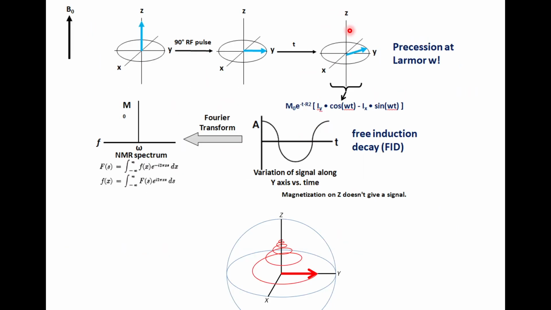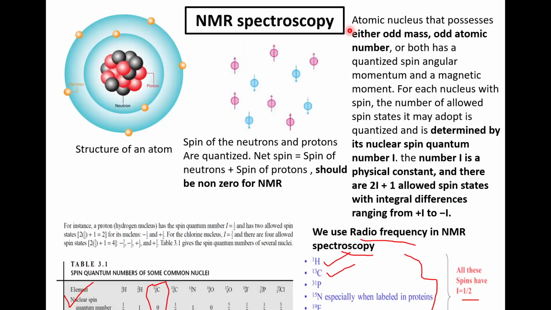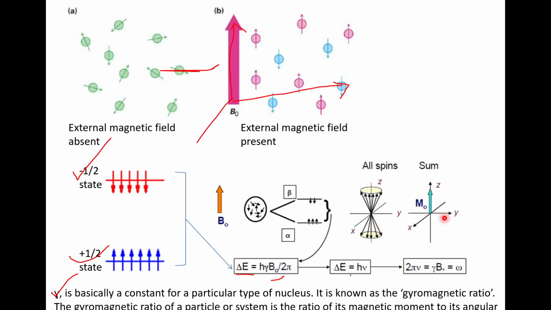But due to this small difference, there is a formation of a magnetic moment in the z direction, because if you consider a moment in space, it will have an x component, a y component, as well as a z component. So three components will be present there.